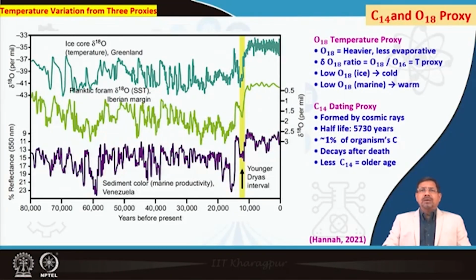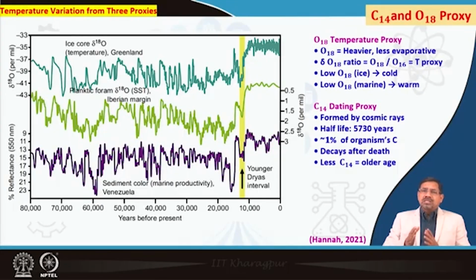Similarly, with respect to the C14 dating proxy, formed by the cosmic rays, we talk about the half life period. The half life is 5730 years, that means less than 1% of an organism's carbon is C14, because the regular one is C12.